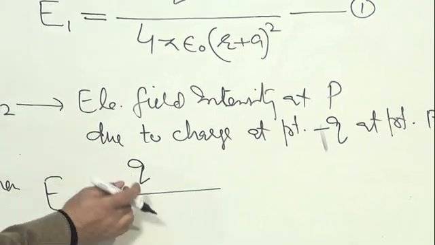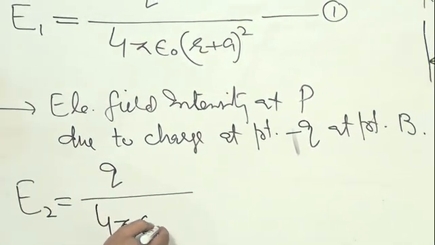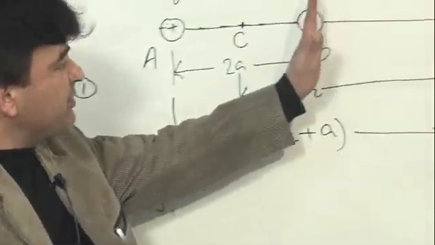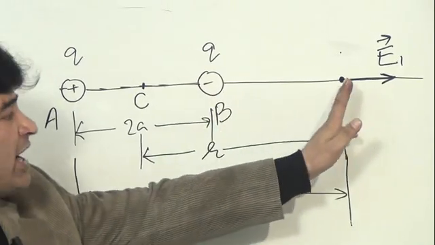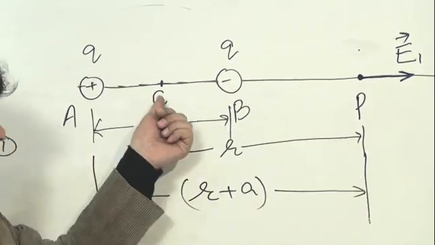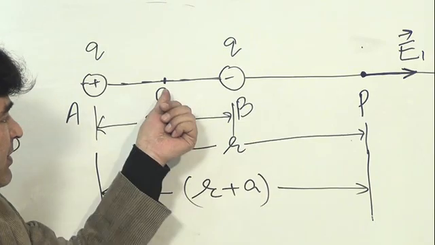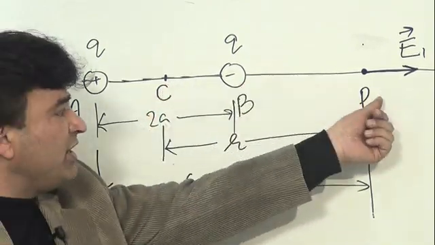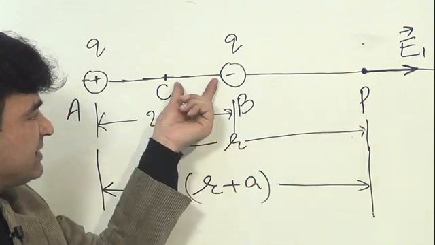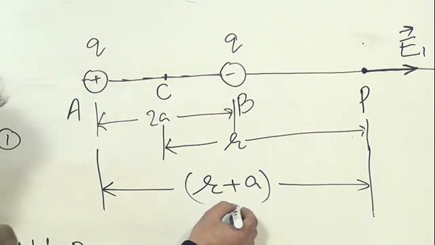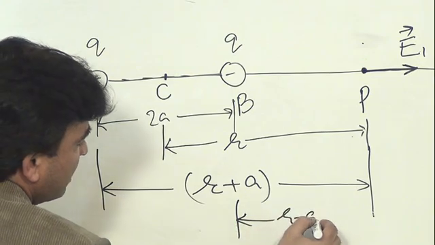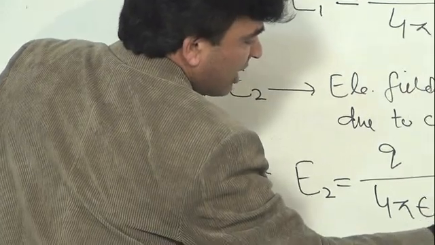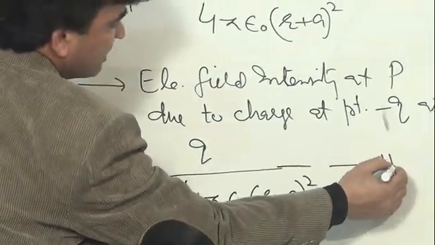E2 is equal to Q by 4 pi epsilon naught, times the distance between this charge minus Q and point P. Since from the center to P it is r, and from the center to B it is a, from B to P it is r minus a distance. So I will write here r minus a whole square. Call this equation second.